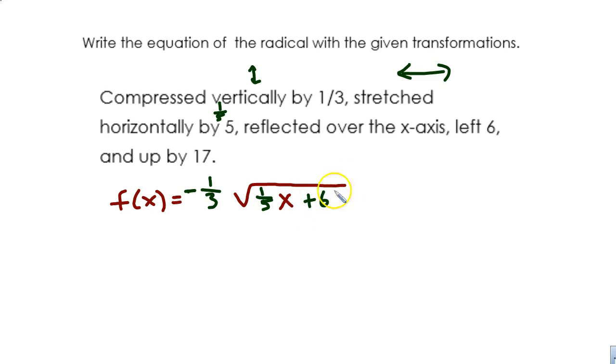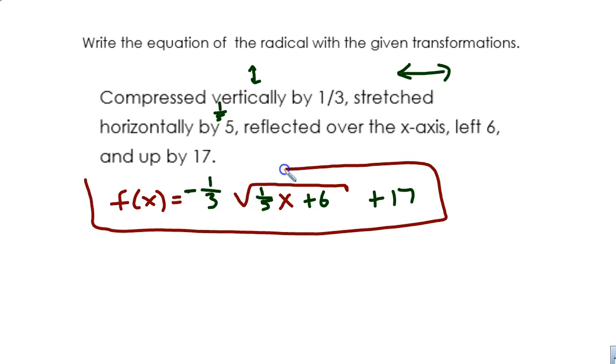Remember, it's always the opposite of the direction. So left 6 is towards negative 6, but we put plus 6 in order to get there. And then outside, we're going to do the up 17 as plus 17. And this is after the radical has ended. Some students put a little down tick here to show that it's ended. And this is our answer.